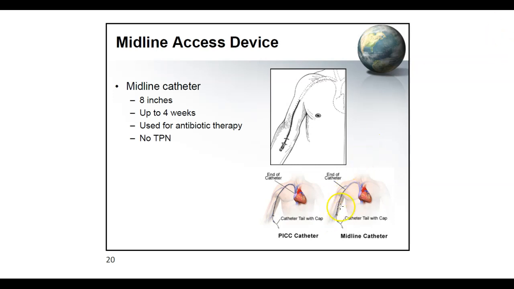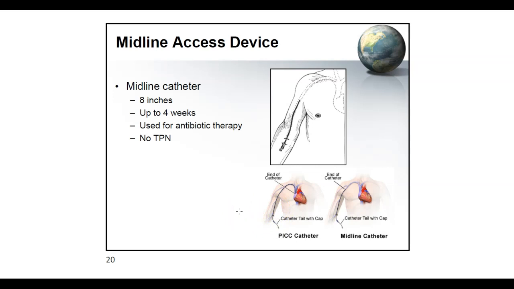So as you can see here, it just makes it halfway. That's why it's midway. So just remember that. It doesn't go all the way to the central circulation. So you still can't use it exactly as a central line, but there are medications that you can administer here better than if you had a peripheral line.